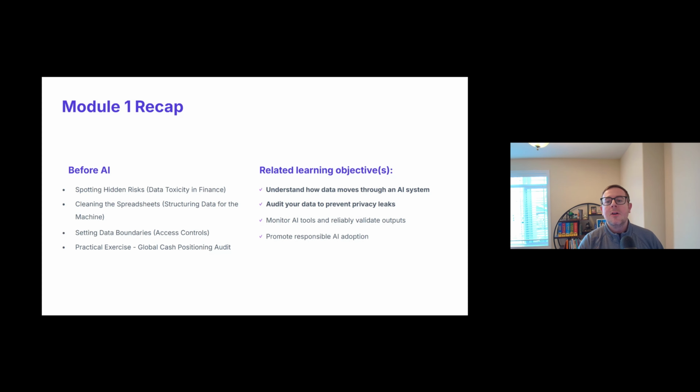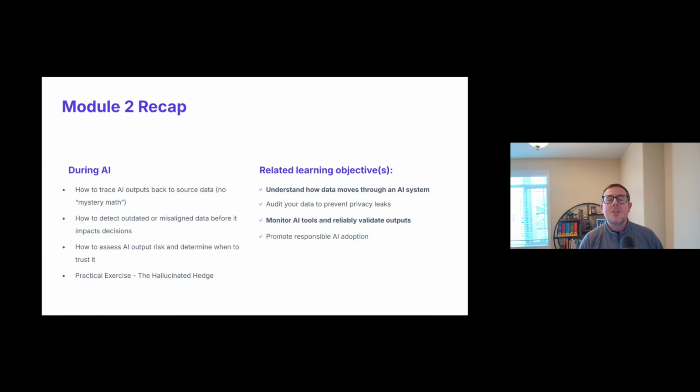And finally, through the cache positioning exercise we applied in practice, you had to identify those hidden risks, the structural issues with the file, and the sensitive data before it was uploaded. So in this module, we directly addressed 2 of our key objectives. We looked at how to understand how data moves through our AI systems and auditing that data to prevent privacy and security risks before AI has ever even been used.